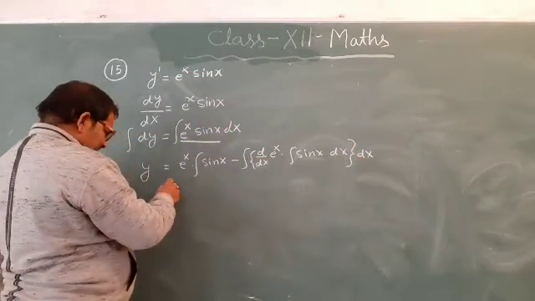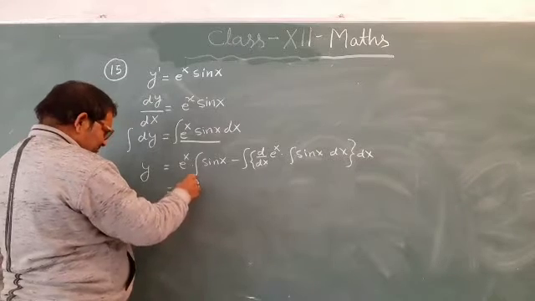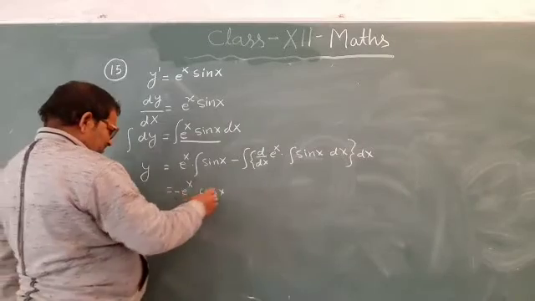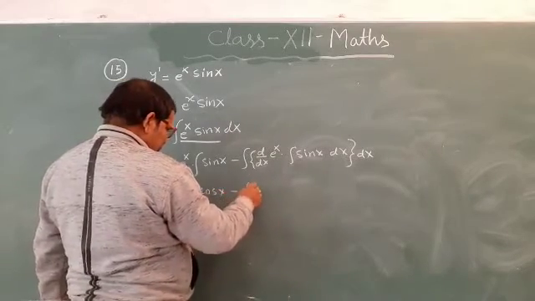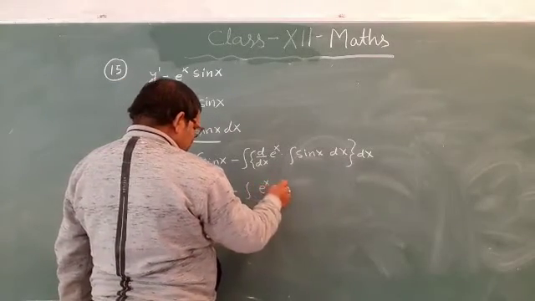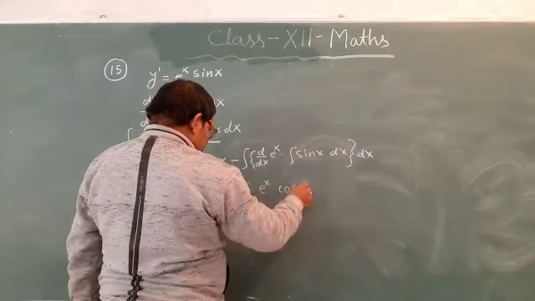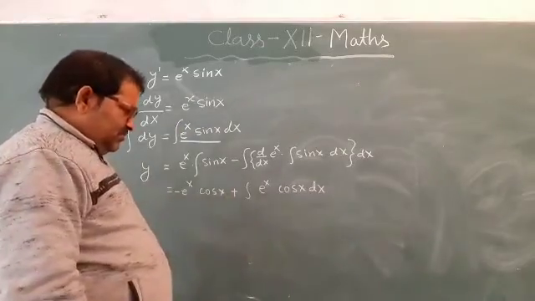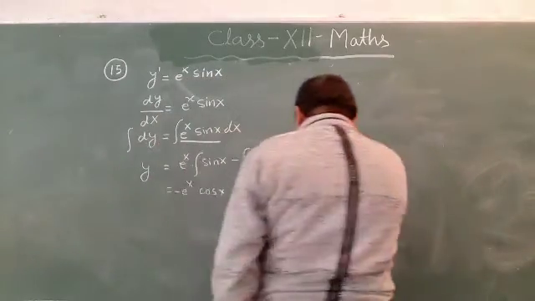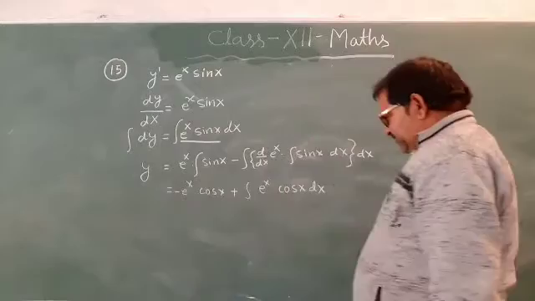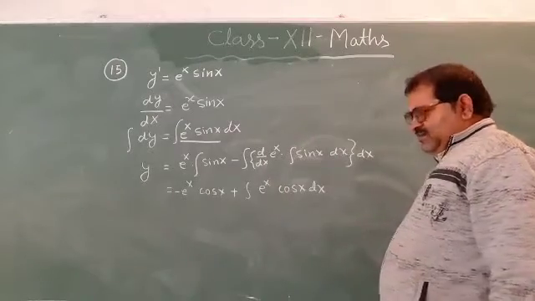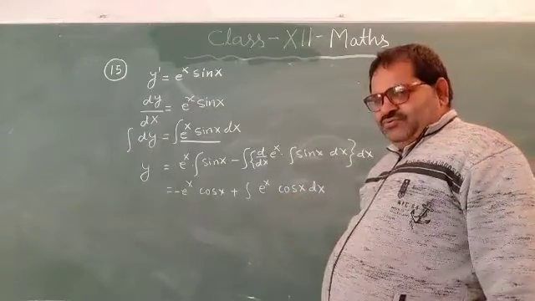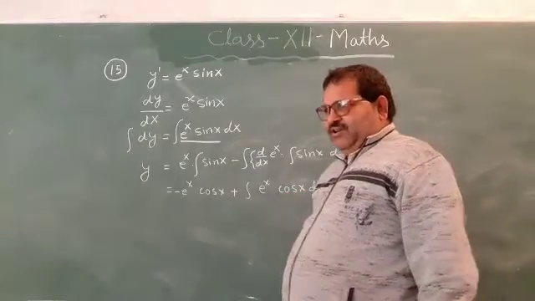So it can be written as e^x times minus cos x, minus the integral of e^x times minus cos x dx, that is minus e^x cos x plus the integral of e^x cos x dx. Now e^x cos x is also the integral of two functions.